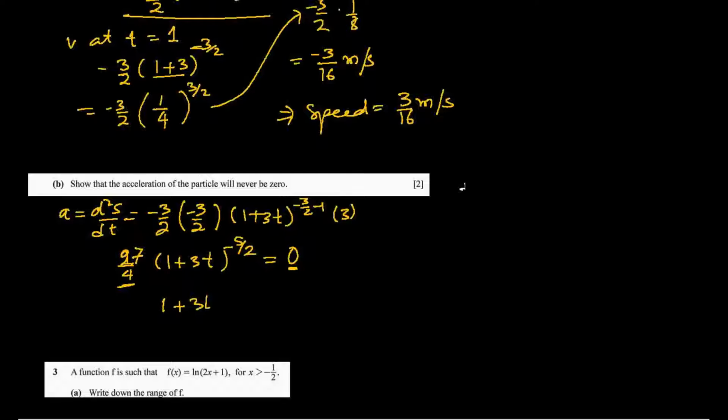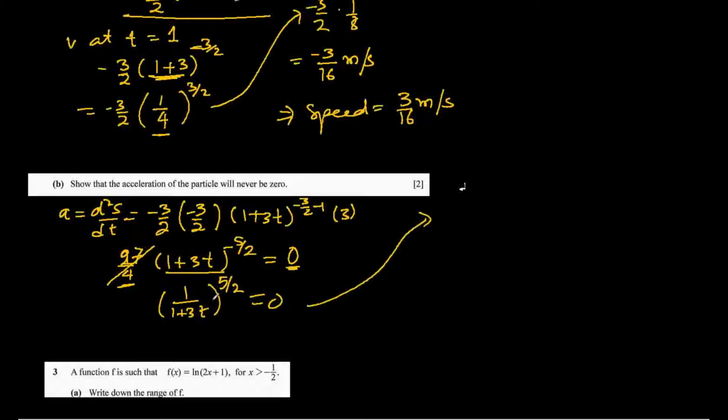Let's make the exponent positive here as well. Just like the previous part, we reciprocate 1 plus 3t. I'm assuming this is equal to 0. So 1 over 1 plus 3t, reciprocated so its exponent becomes positive, is equal to 0.